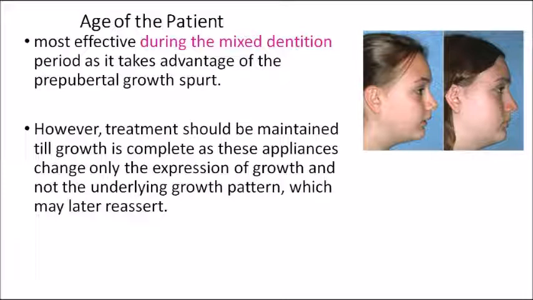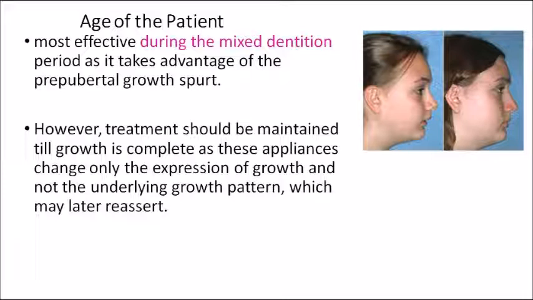And one more thing is that even though you can place the orthopedic appliance during the mixed dentition period, like in 7 years old or 9 years old children, they should be retained until the growth is completed, because the appliances change not only the expression of the growth but also the underlying growth pattern. So the chances of relapse will be more.